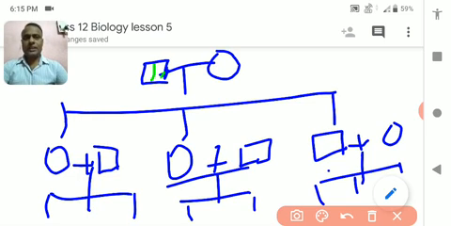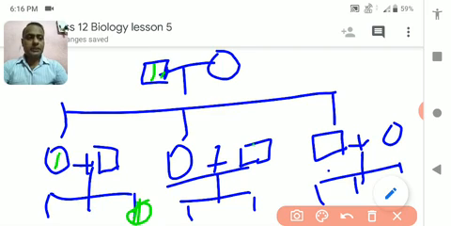Suppose the father has some kind of genetic disorder or some kind of genetic change. How do the changes go into their offspring? So suppose this girl is affected by the same genetic disorder, and the other girl, that is the granddaughter, is also affected by her.